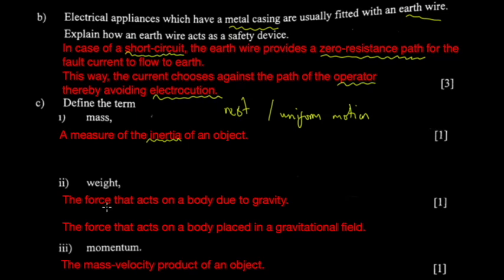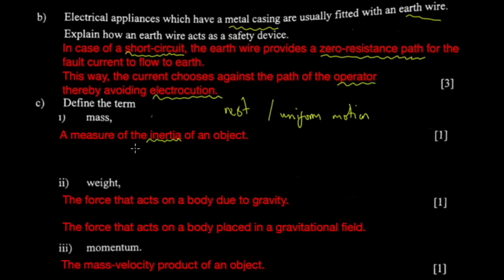So the weight of an object is the force that acts on a body due to gravity. Okay, if you place an object in a gravitational field, the object tends to accelerate towards the ground. So we can deduce that the object has a force in that direction.